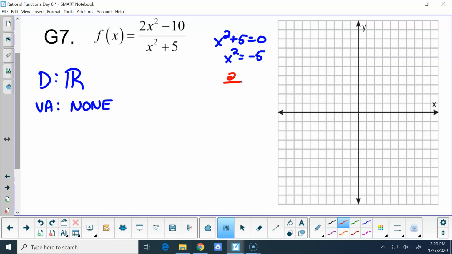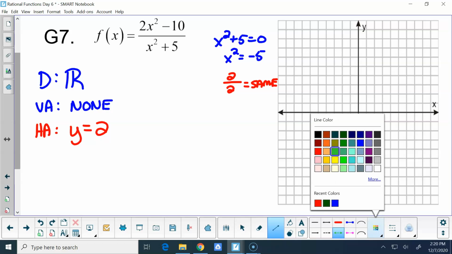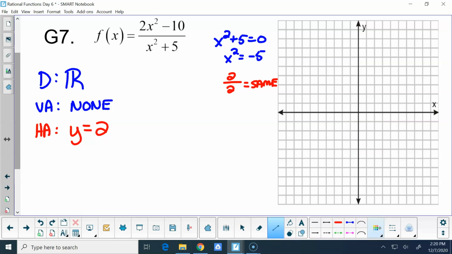Degree of the bottom is 2. That's the same. So my horizontal asymptote is going to be y equals the lead coefficient of the top, which is 2, over the lead coefficient of the bottom, which is 1. So that's just going to be y equals 2 as my horizontal asymptote.